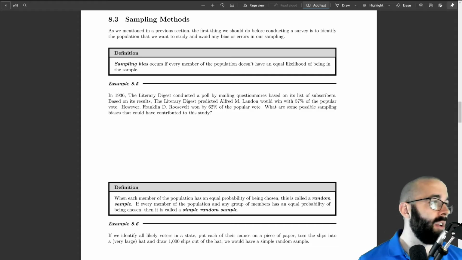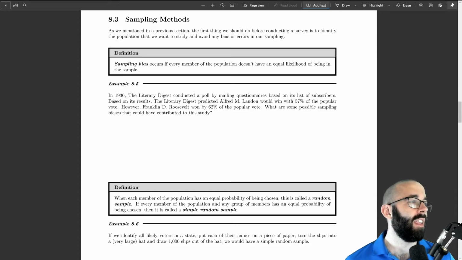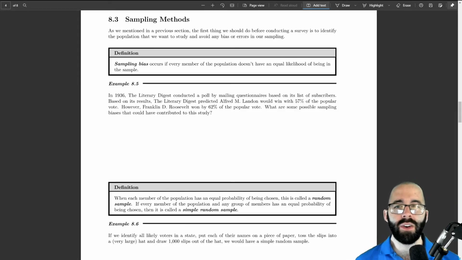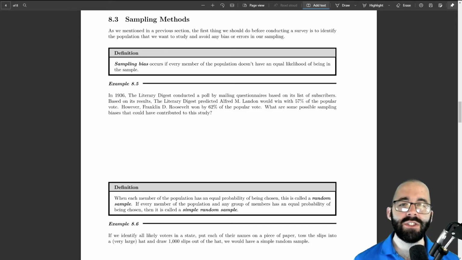If we're going to poll everyone at SPSCC about their textbook costs, but we only sample the people from my classes, then that's not going to be representative of the population.